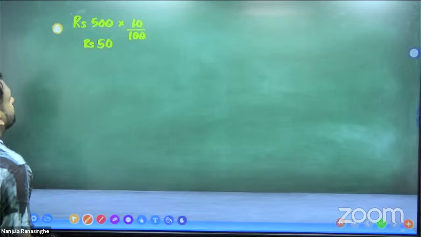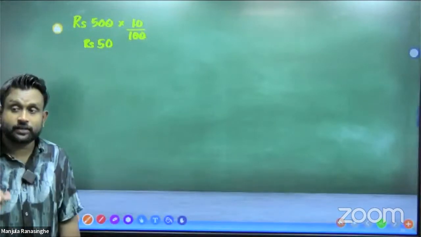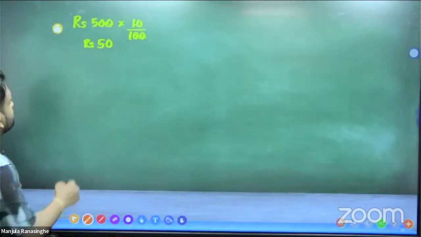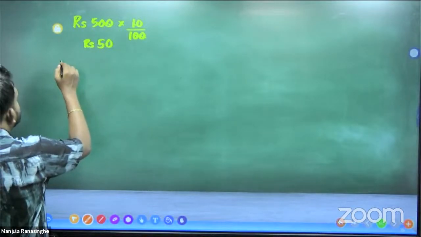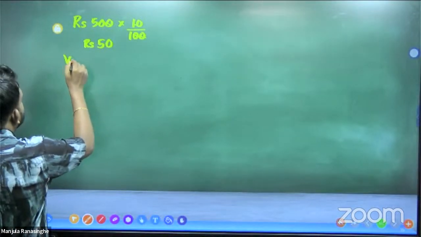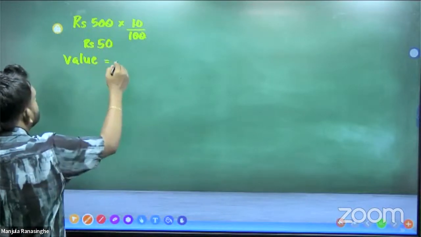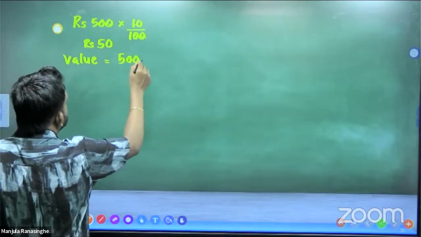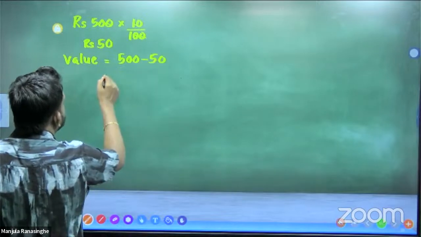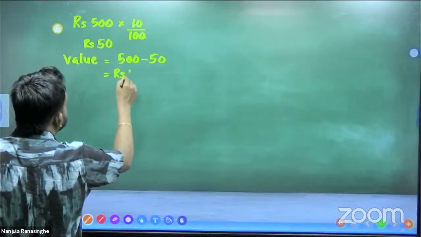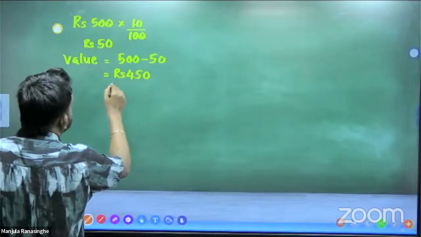So 50 is deducted as the discount. So this is the discount calculation. Then you can write the price to give. So the value of the good, 500, subtract this discount 50. Then that gives you rupees 450.